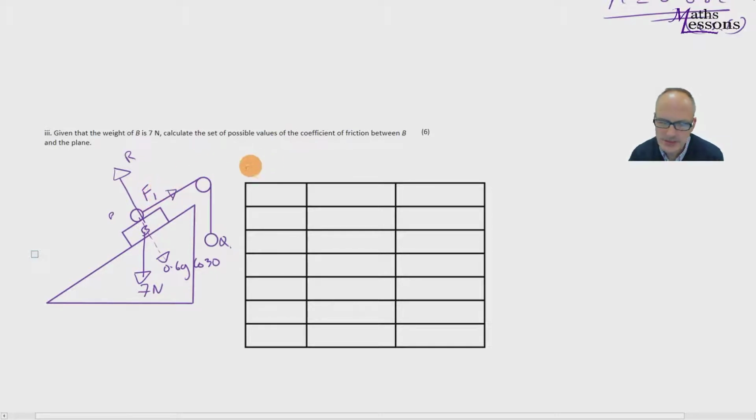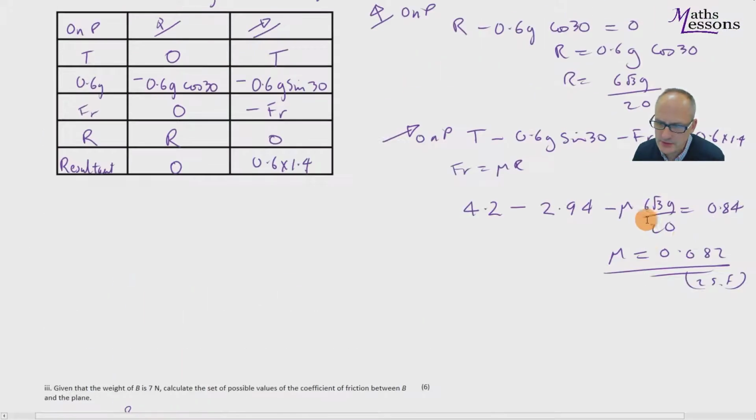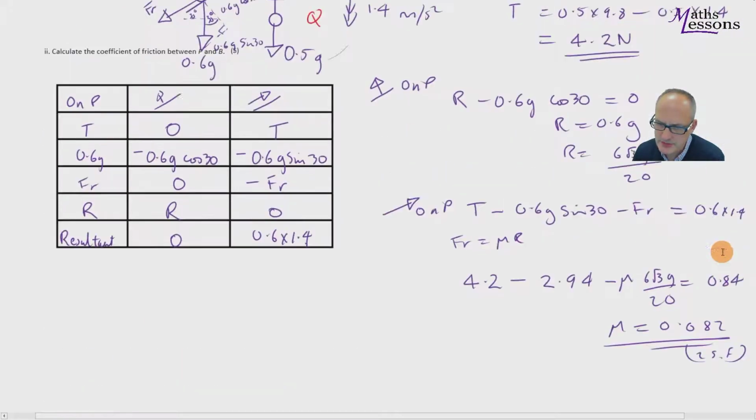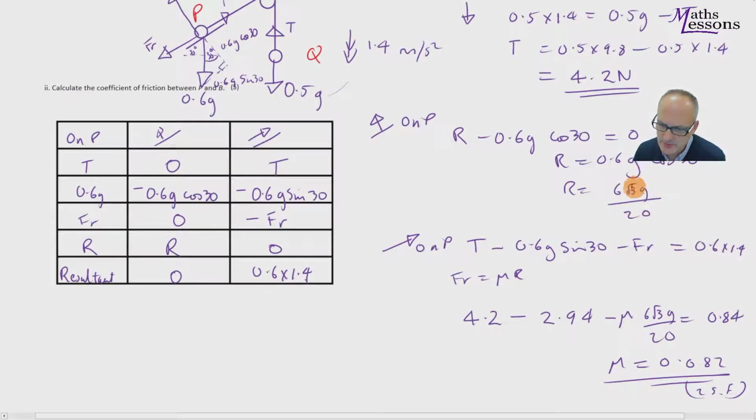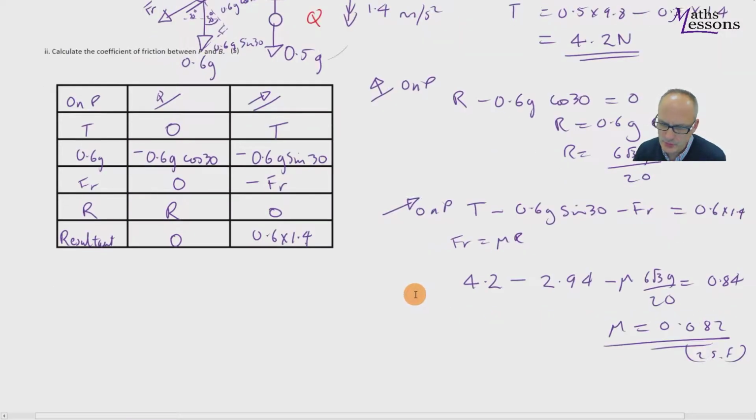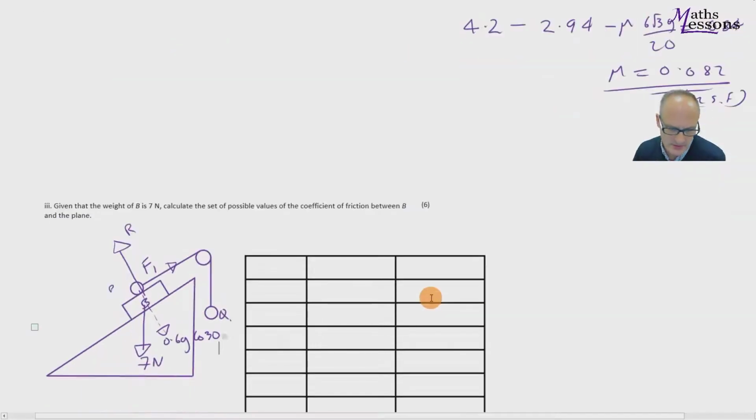We can calculate from our previous question what F1 will be, because it's just mu 0.82 times R, this value here. When you do that, it comes out to be 0.42, which is a lot less than the 7 newtons component. So the frictional force between B and the plane is going to be F2 in this direction.